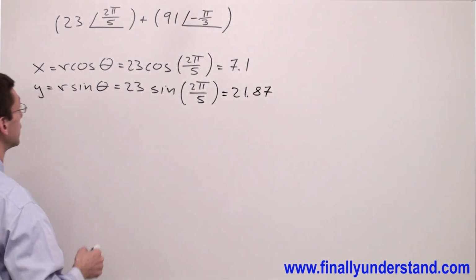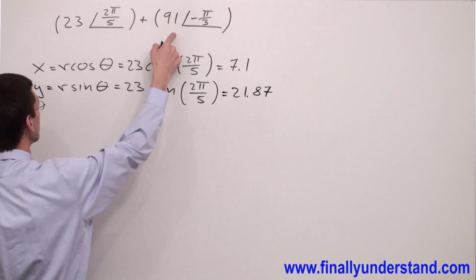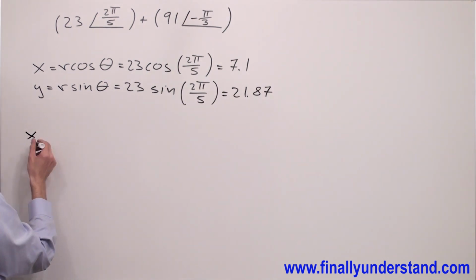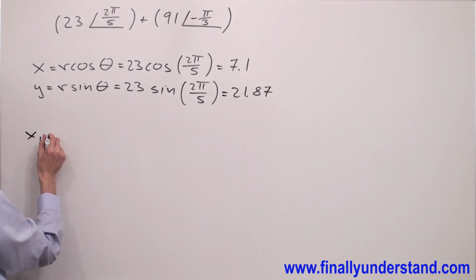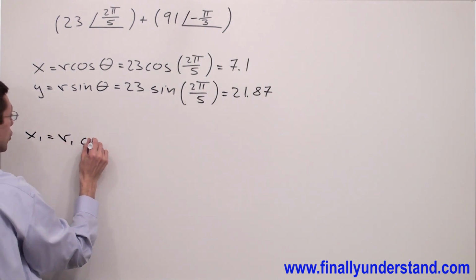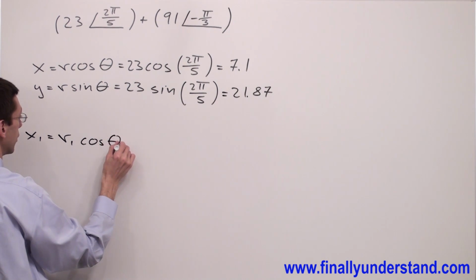Now let's convert this polar form to rectangular form. So again, I have to find x. I'm going to call this, for example, x1, equals r1 cosine theta 1.